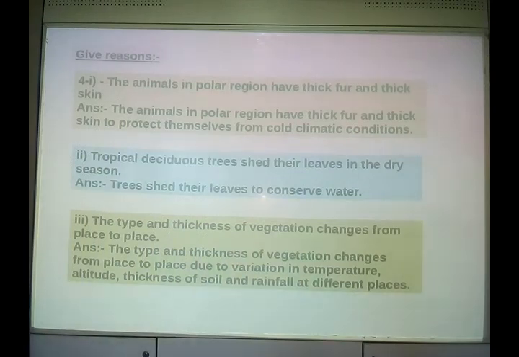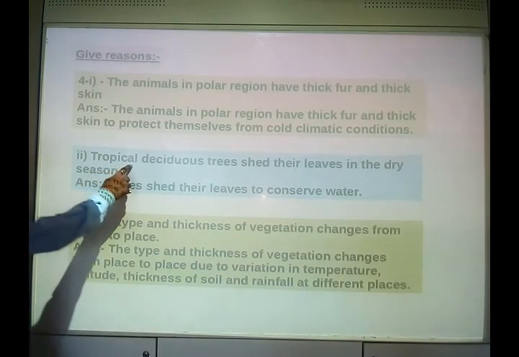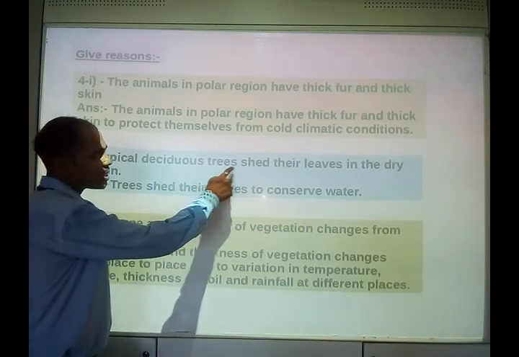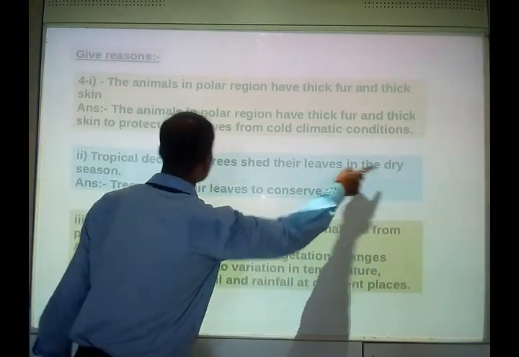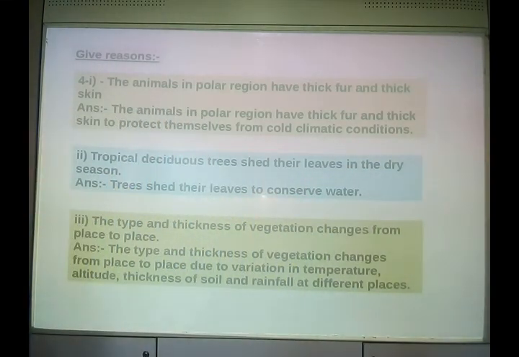Now, another give-reason is: tropical deciduous trees shed their leaves in the dry season. Why? Trees shed their leaves to save water, to conserve water.